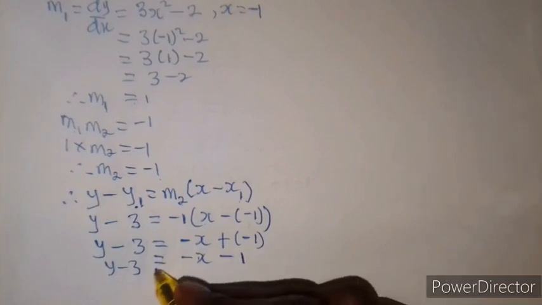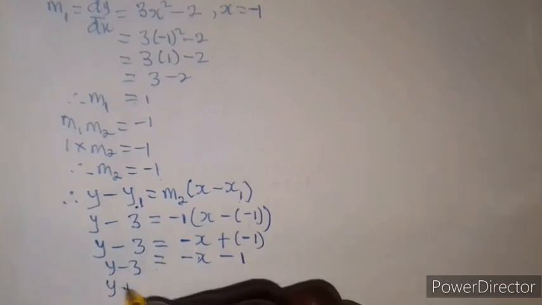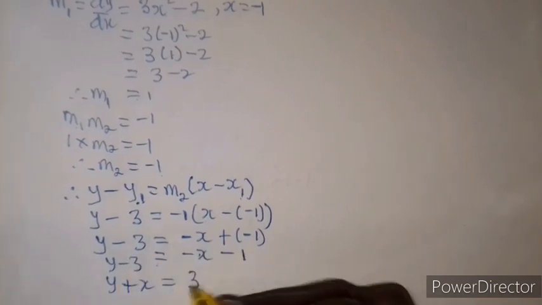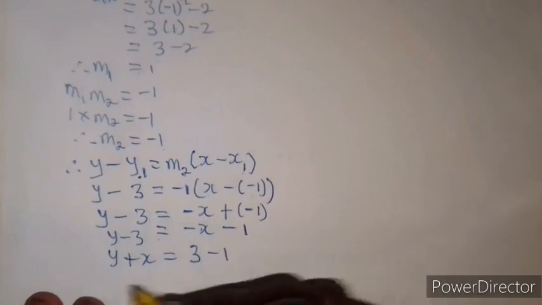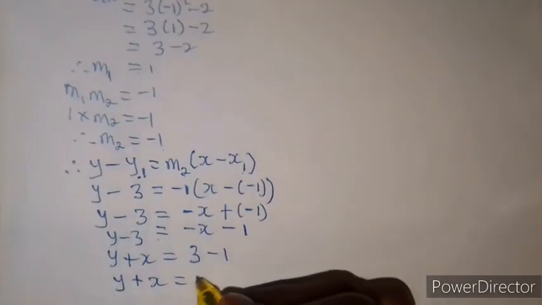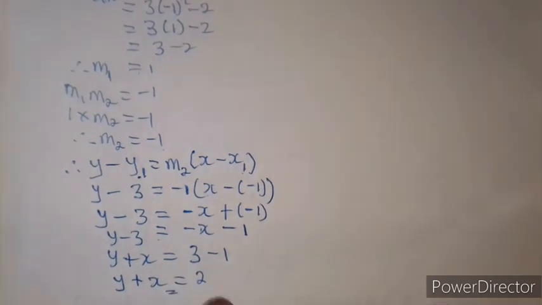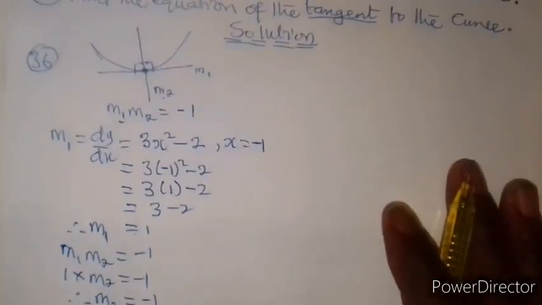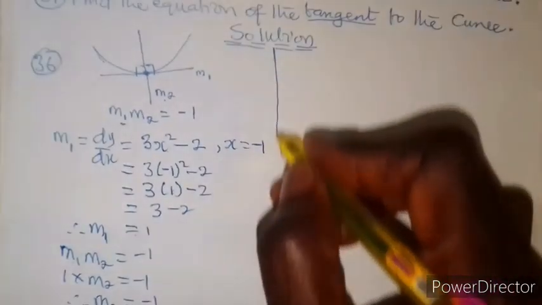We bring the minus x to this side. It becomes y plus x equals, we take our minus 3 to this side, it becomes plus 3 minus 1. And eventually we are going to have y plus x equals 2. And this is the equation of the normal. Now let's quickly dive into the second question.